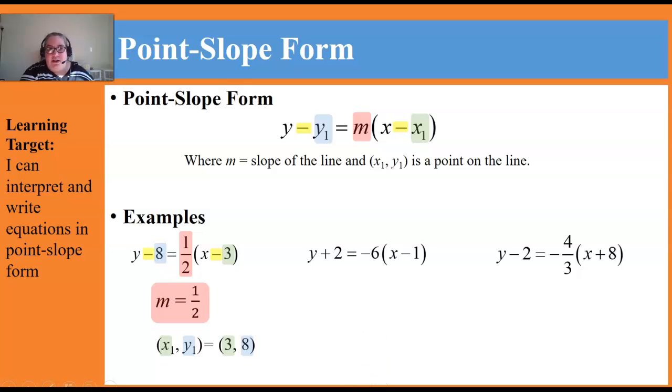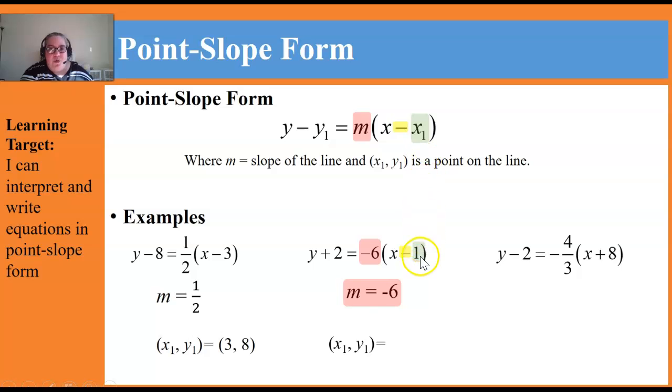Let's take a look at our next example. First, we'll find the slope. So our slope is -6. Now, remember, we're expecting a subtraction. We have a subtraction. So that means our x1 is just going to be +1.